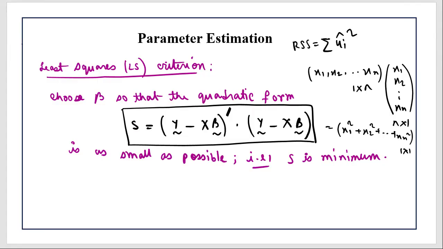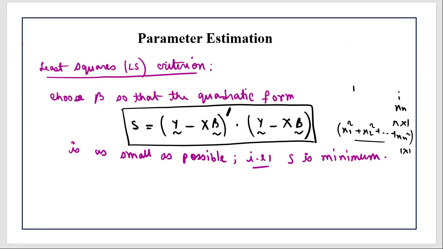That is the exact thing that we are doing here. We are taking the transpose of the first matrix and then multiplying the second matrix as it is. So it will give you a scalar quantity that you want to minimize. You want to find out what value of beta minimizes this particular expression, right? I hope this is clear.